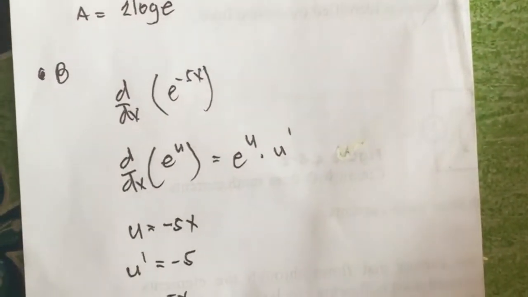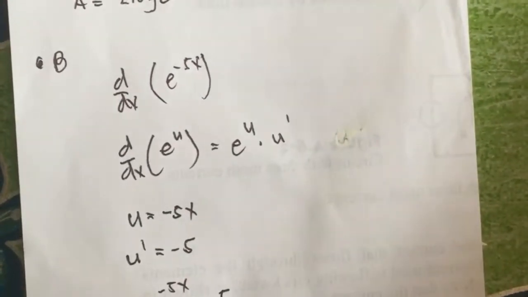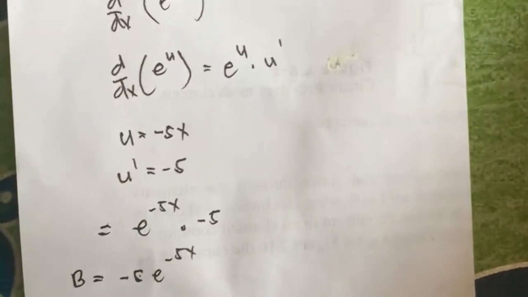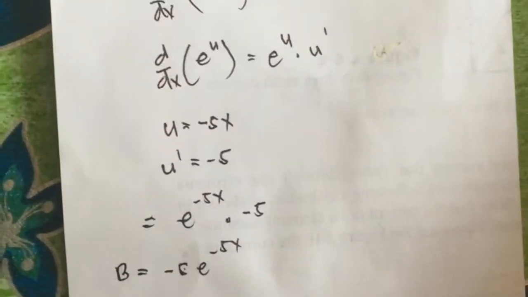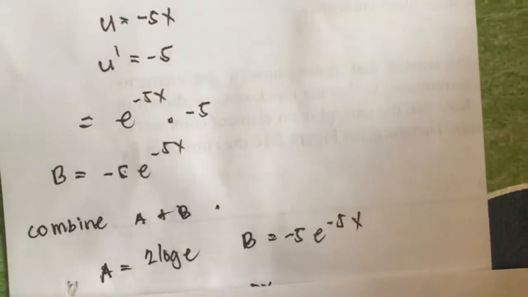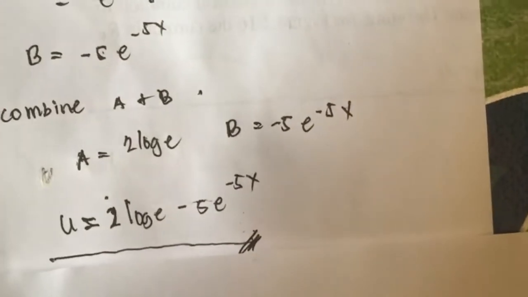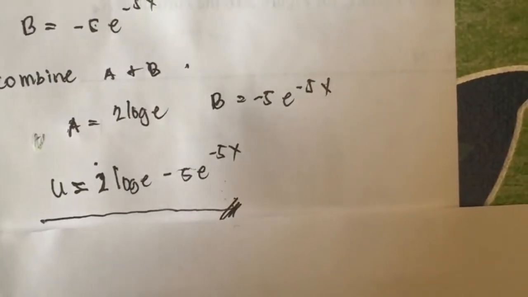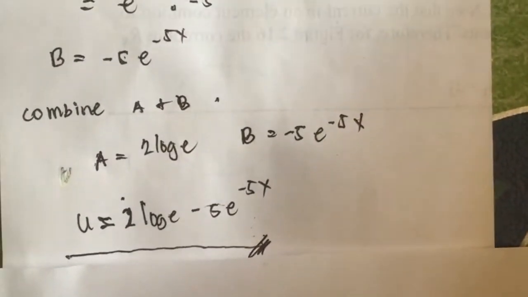The whole thing differentiation is negative 5 times e to the power of negative 5x, and then combine a plus b. We got a, which is 2 log e, and b equals negative 5 e to the negative 5x, which is the final u prime: 2 log e minus 5 e to the negative power of 5x.